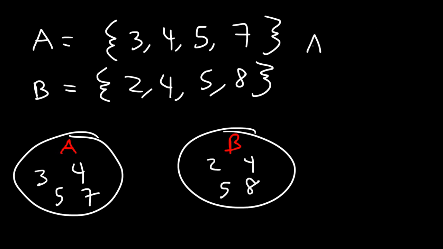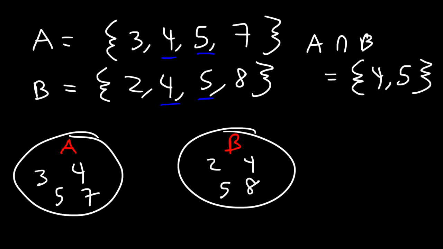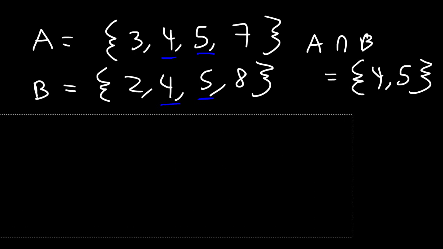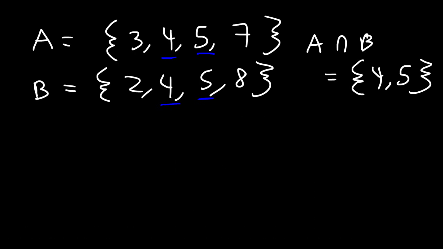Now, the intersection of these two, I'm running out of space here, is 4 and 5. 4 and 5 are found in both. But to represent that using Venn diagrams, what we need to do is put the two circles together and draw it this way.